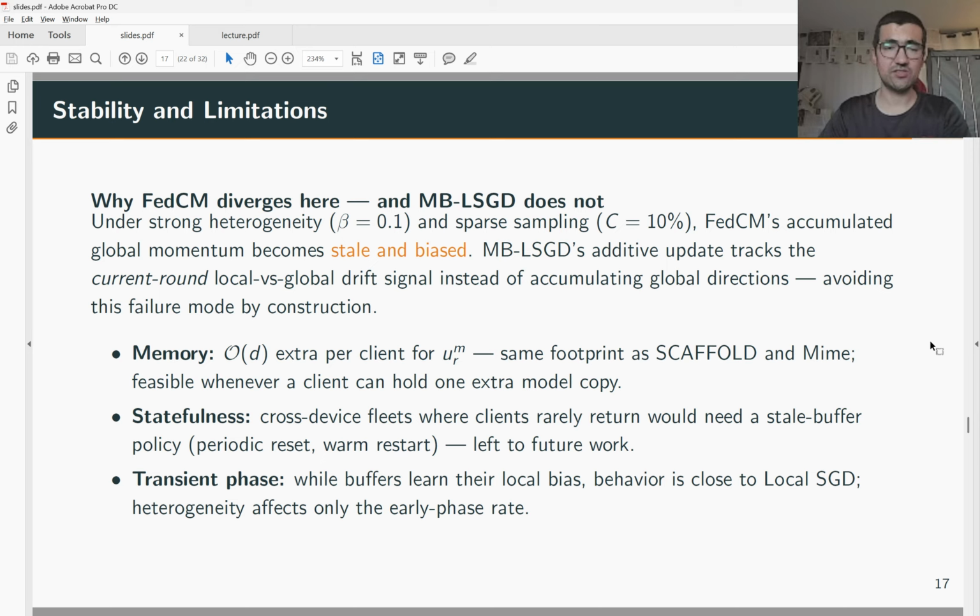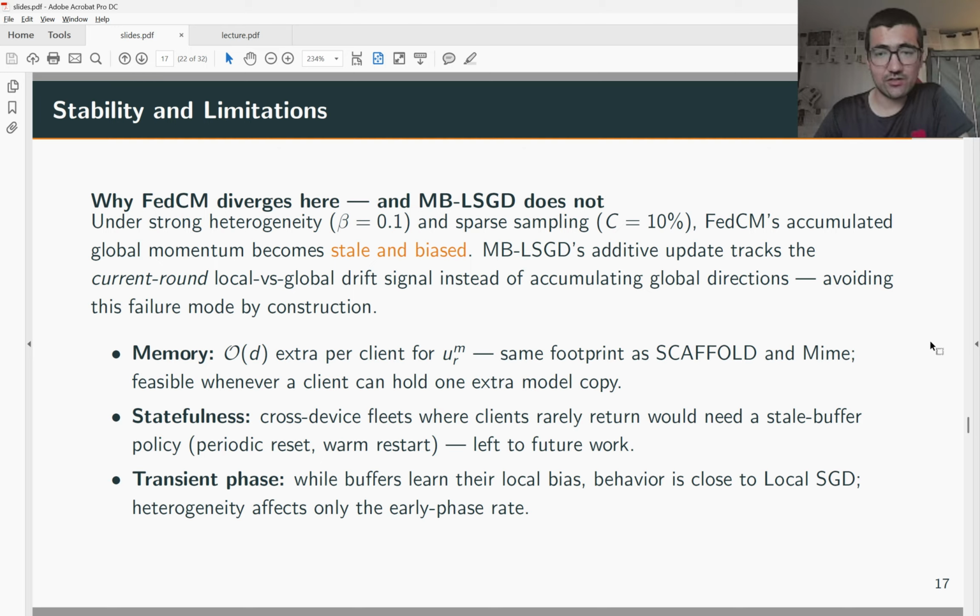Second, limitations honestly stated. MB-LSGD needs order D extra memory per client for the buffer, the same footprint as SCAFFOLD and MAME. Fine if a client can hold one extra model copy, a real constraint on tiny devices. The method is stateful.